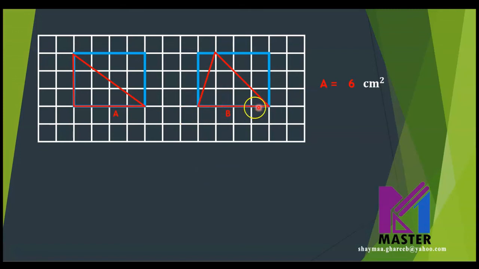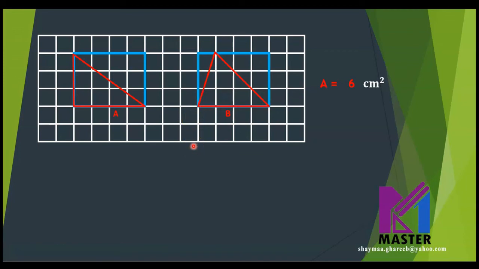This side is a common side between the triangle and the rectangle. And here, this side is a common side between the triangle and the rectangle. So both of them have a common side between the triangle and the rectangle.